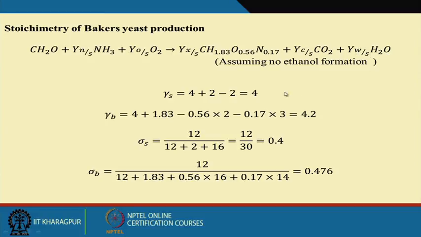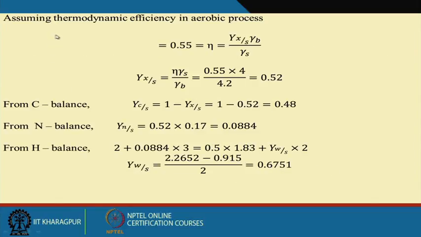Now, if you calculate the degree of reduction of the substrate and of the biomass, it comes to 4 and 4.2, and sigma S and sigma B are like this. And we know the thermodynamic efficiency of the aerobic process varies from 0.5 to 0.6.